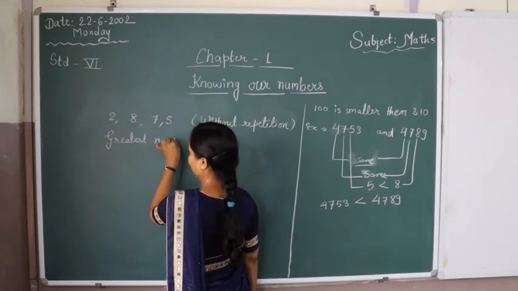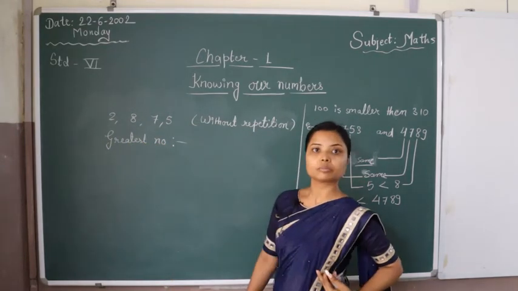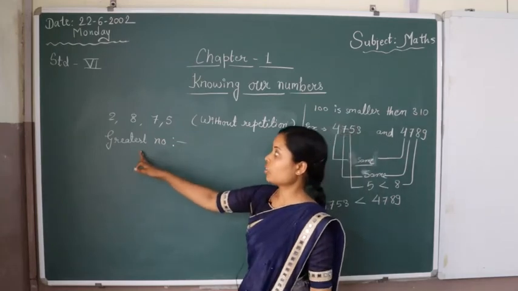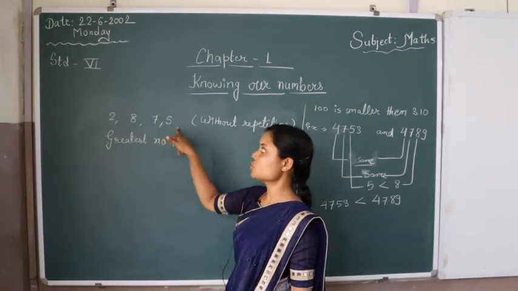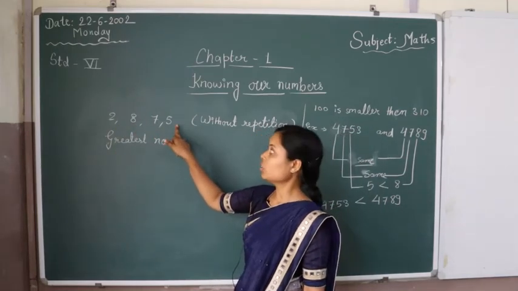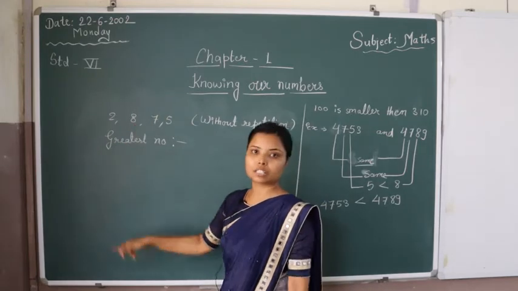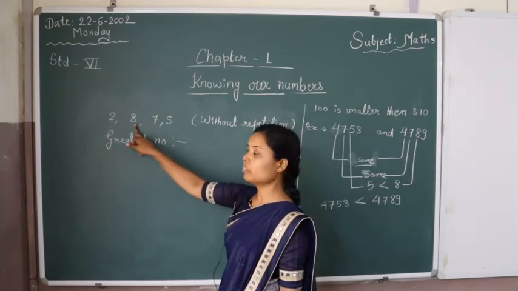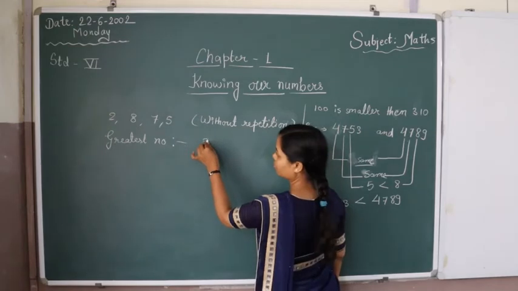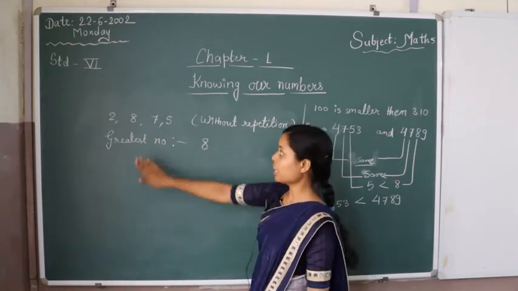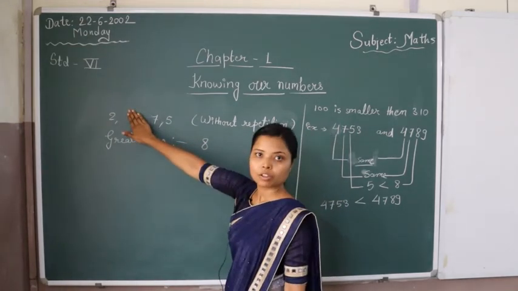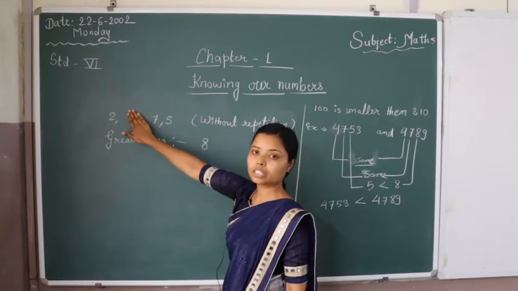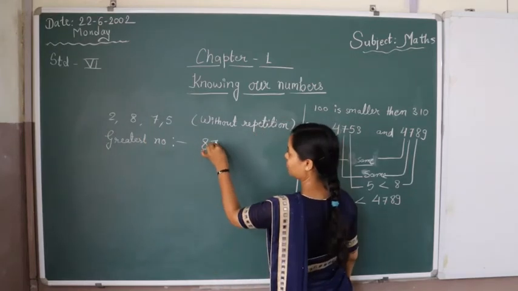First one, the greatest number. For finding the greatest number from these 4 digits, firstly we look for the biggest digit. The biggest digit is 8, so we write here 8. Then excluding 8, the biggest digit is 7, so we write 7.